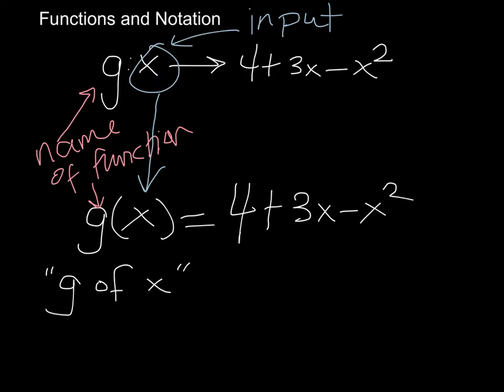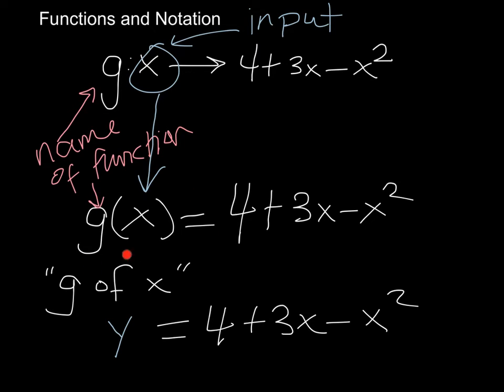Okay? G of x is the same thing as y. So I could write this whole thing, this is what we're used to seeing, y equals 4 plus 3x minus x squared. Okay? Right here, this equation is probably what we're most comfortable with.